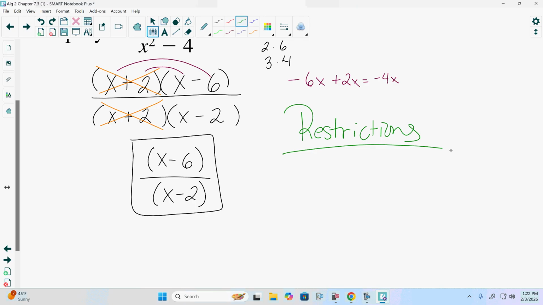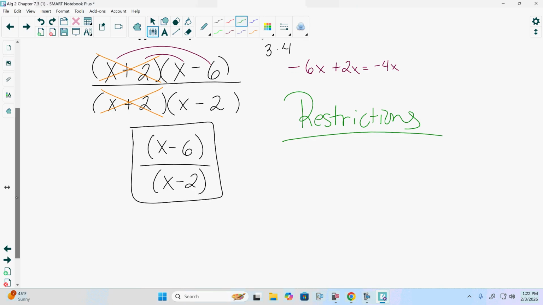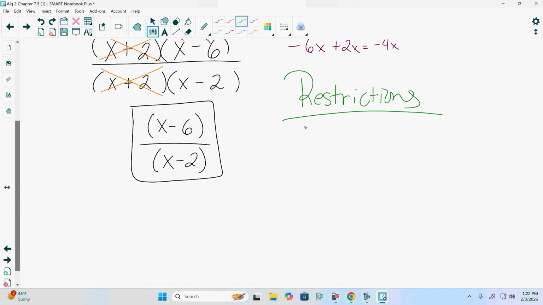Restrictions. We do have two of them, because x minus 2 and x plus 2 both showed up in a place that would cause a division of 0. Now the x minus 2, if we want to see what value of x will make that be 0, well, we solve for x, we add 2 to both sides.